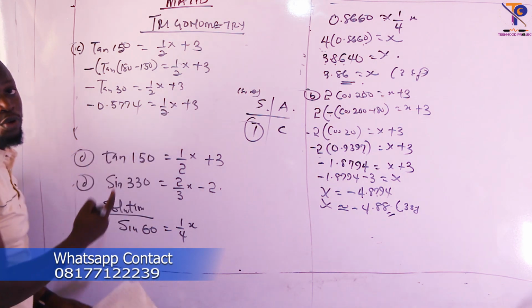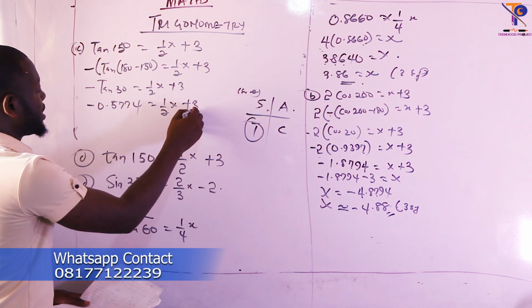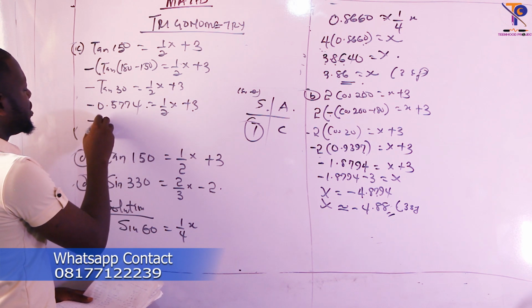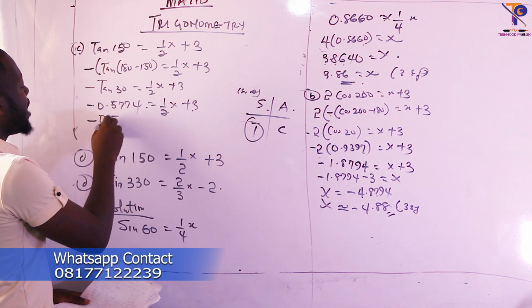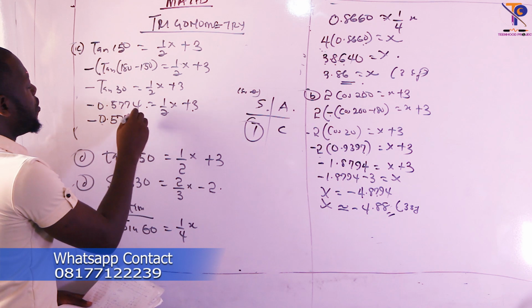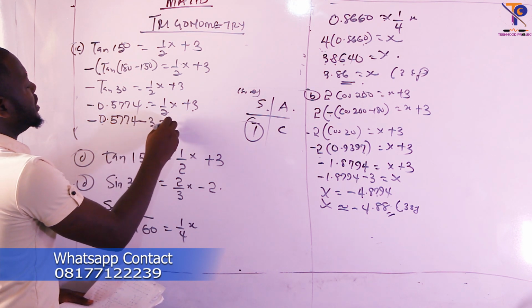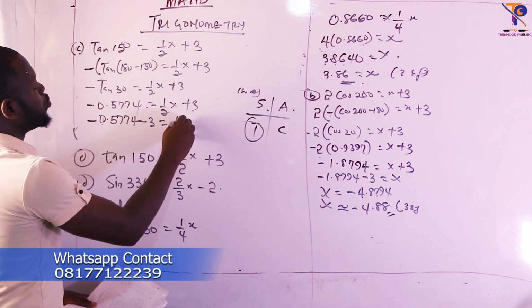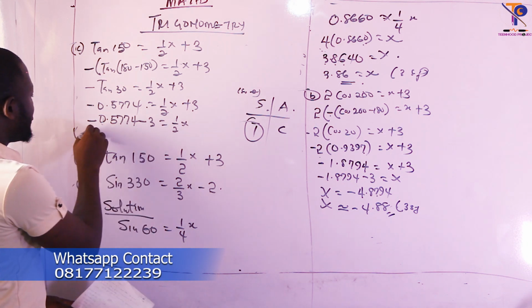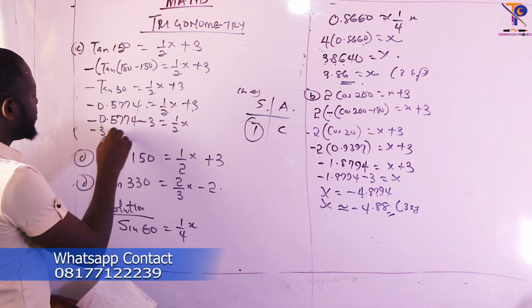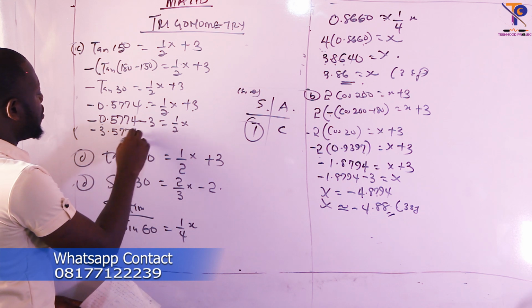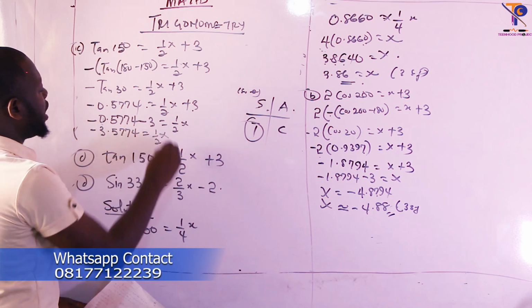Please check calculator for this to confirm. So we can send this one to this side. I have minus 0.5774 minus 3 is equal to 1 over 2x. So I will have minus 3.5774 is equal to 1 over 2x.